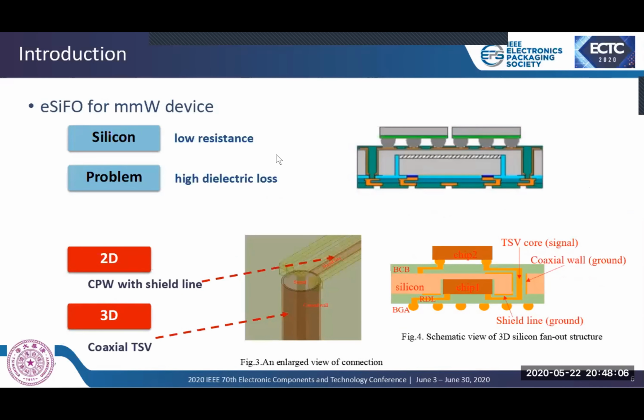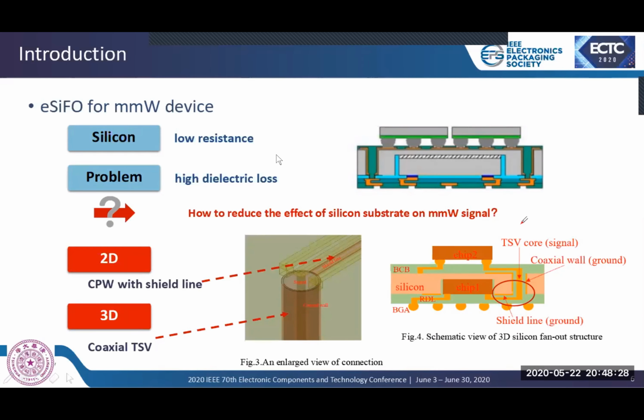However, the silicon substrate is usually of low resistance, leading to high dielectric loss and poor system performance. So the problem is how to reduce the effect of silicon substrate on millimeter wave signal.